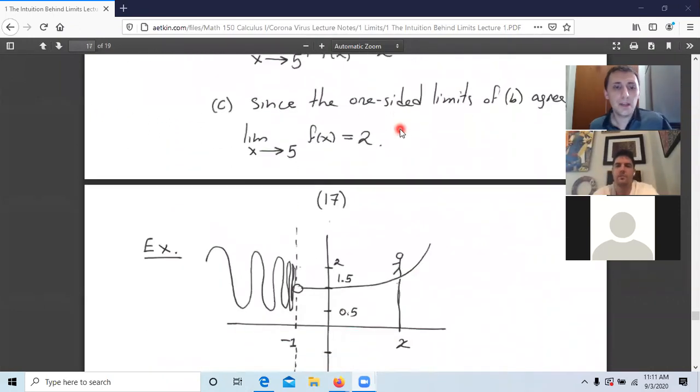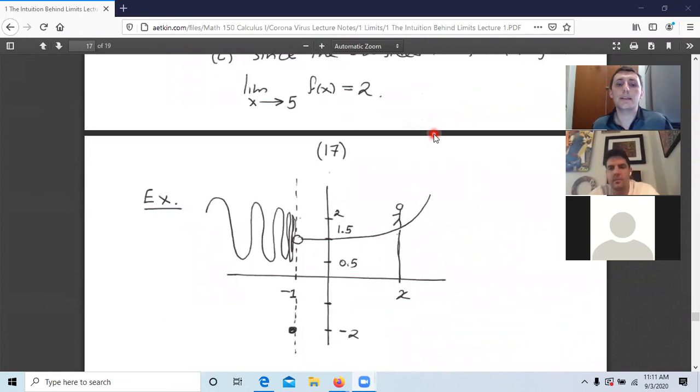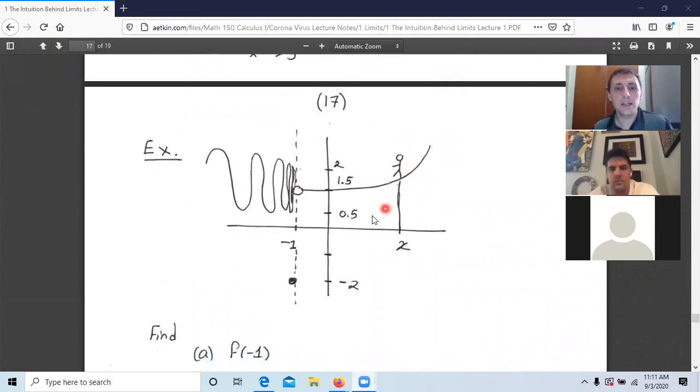So here is a slightly more complicated picture. I'm not sure if you can read it because what I try to draw is impossible to fully draw, but examples like this exist, okay? So for this example, can you see it, guys? What do you think is f of minus 1? Does it exist, f of minus 1?